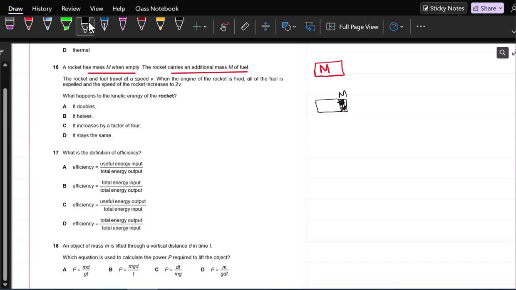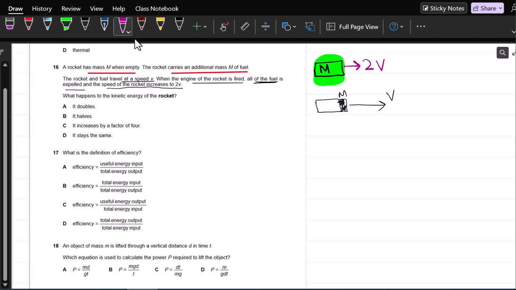The rocket and fuel travel at speed v. When the engine of the rocket is fired, all of the fuel is expelled and speed of the rocket increases to 2v. It means now it has just the mass of the rocket, and it will have a speed of 2v.